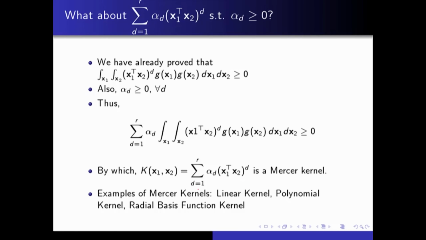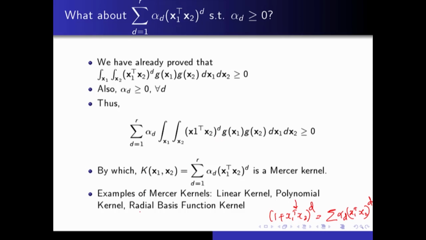So a polynomial kernel is basically the Mercer kernel. What is a polynomial kernel? It is 1 plus x1 transpose x2 raised to d, and this is nothing but summation over d of alpha d x1 transpose x2 raised to d, which is for some specific choice of alpha d's. So you can show that the polynomial kernel is an example.